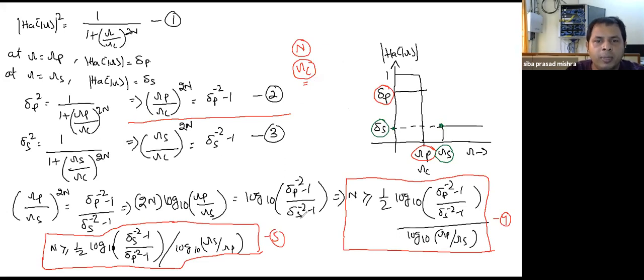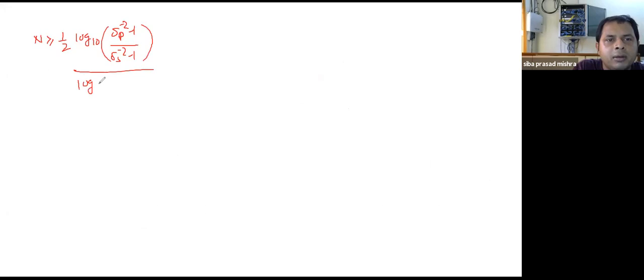What to do? Before that, say I want to write it in dB form. What is the equation? The equation is n greater than or equal to 1 by 2 log 10 of (del p to the power minus 2, minus 1) by (del s to the power minus 2, minus 1), divided by log 10 of omega p by omega s. Here del p means here omega p.